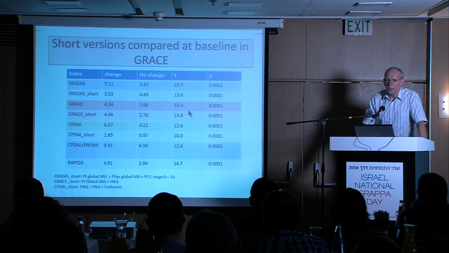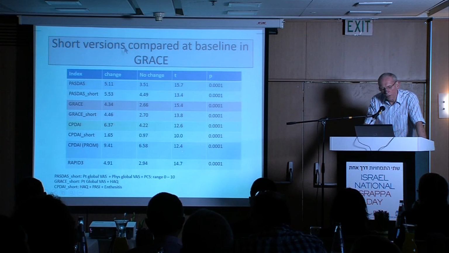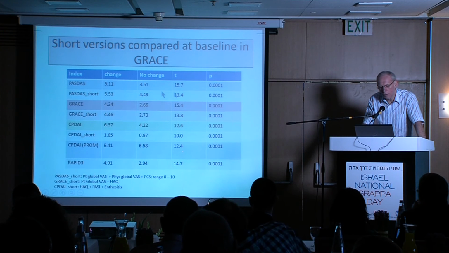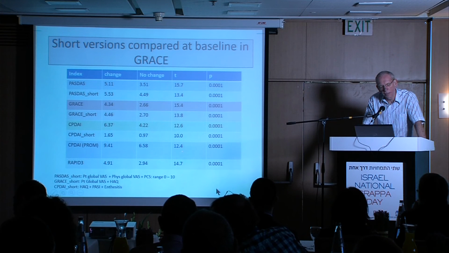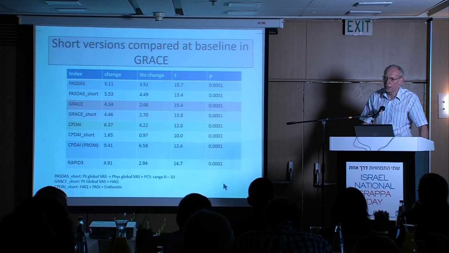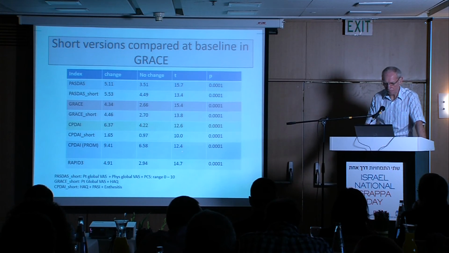And we've already done this analysis, and really the shorter versions don't perform as well as the main versions, but if you look at this right-hand column, they're all still very significant. So I think shorter versions going forward is certainly going to be feasible and would tick that last column in the OMERACT filter.